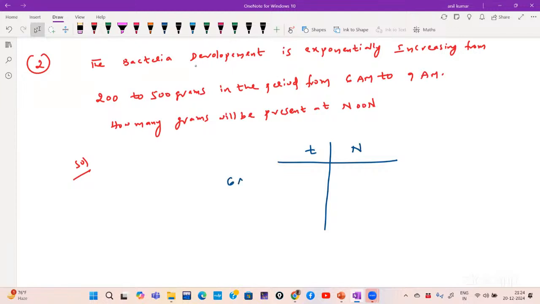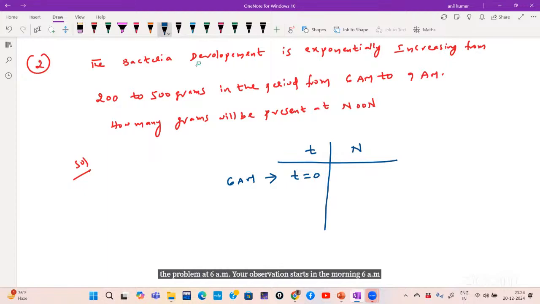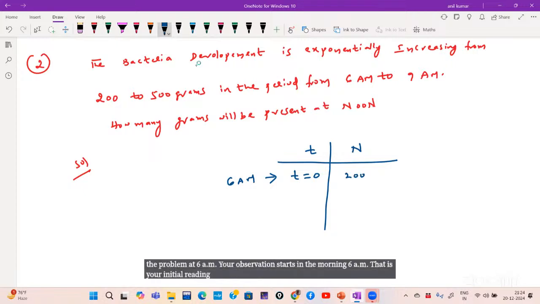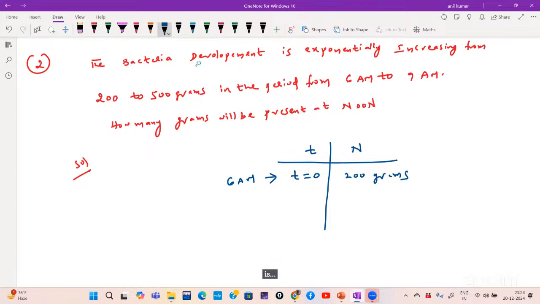Okay. Don't take t equal to 6. Here, your observation starts at 6 a.m. That is 0. You have started investigating the problem at 6 a.m. That is your initial reading. Initially at 6 a.m., the number of bacteria is 200 grams.